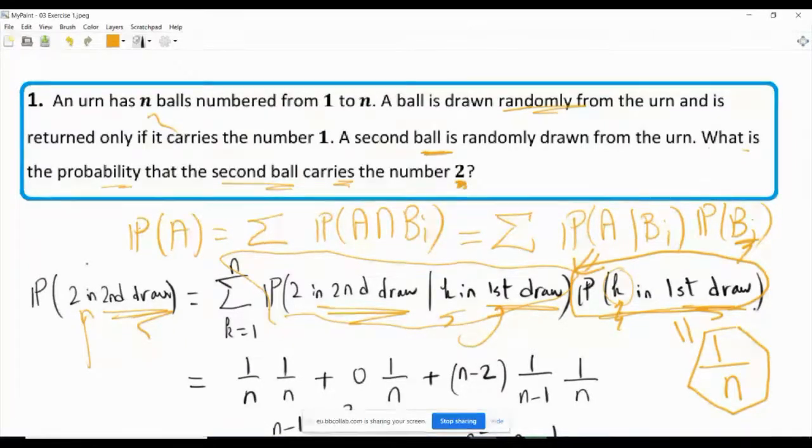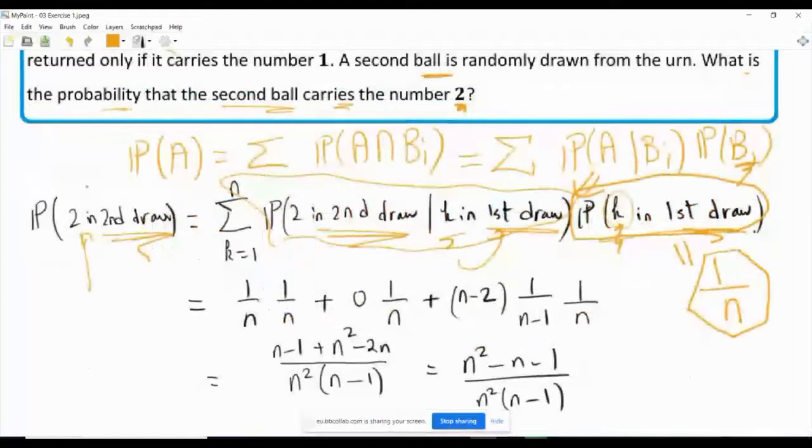So what if k is equal to 1? What if you choose 1? Okay, so now this is the first term here. This 1 over n that you find there is the probability of 1 in the first row. Now, according to how the experiment is designed, if you see 1, you put it back.